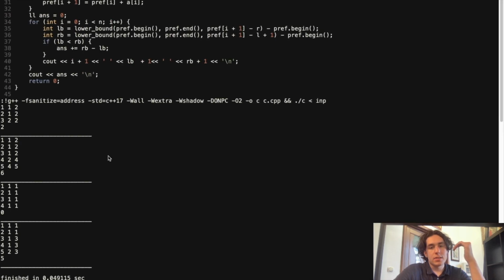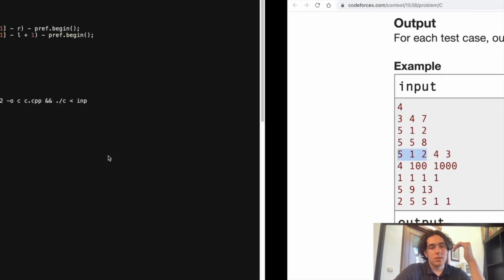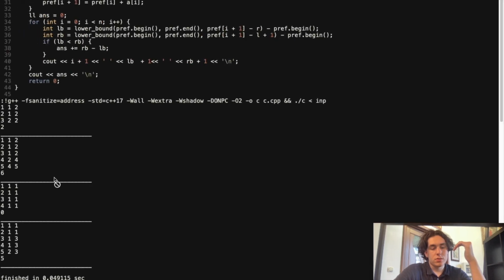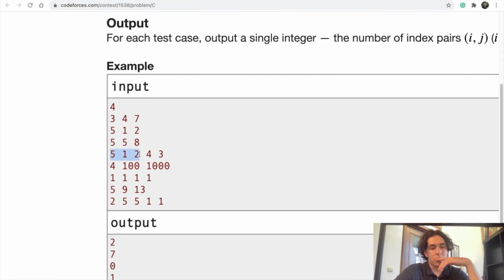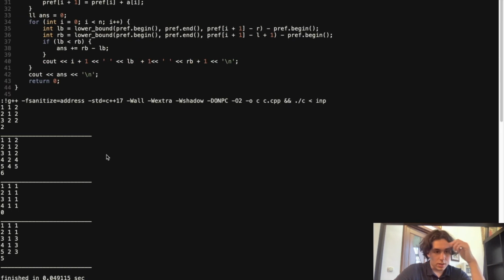It's 8. Lower bound for 0. Upper bound for 3. One, yeah. 2, 4.